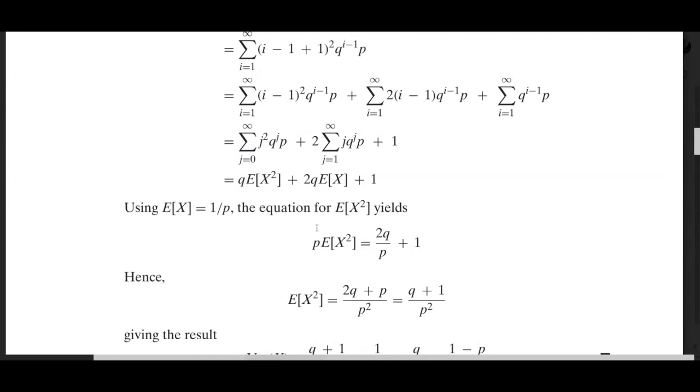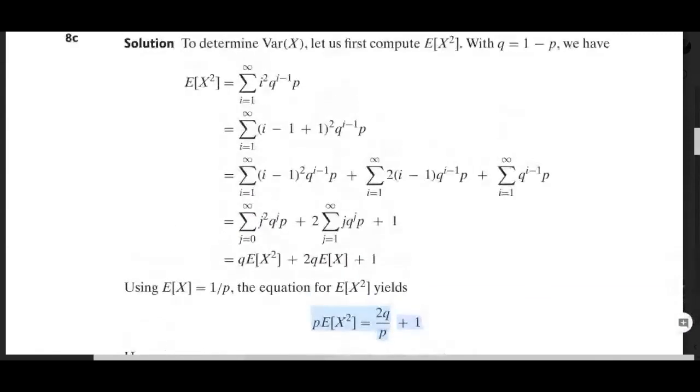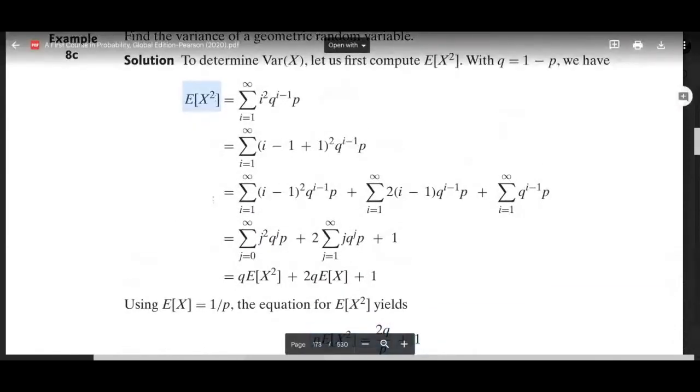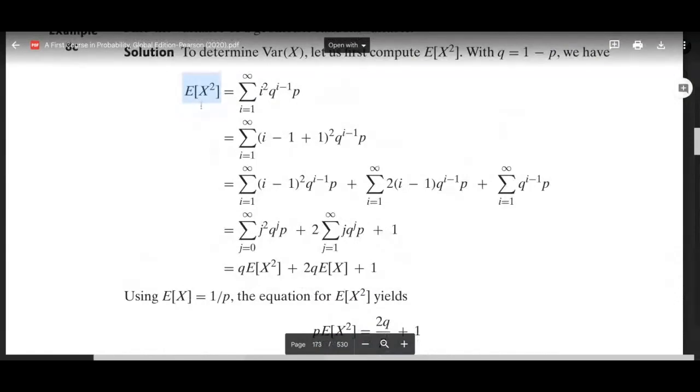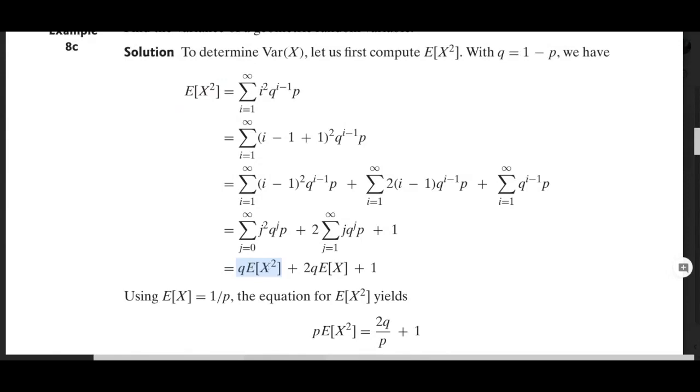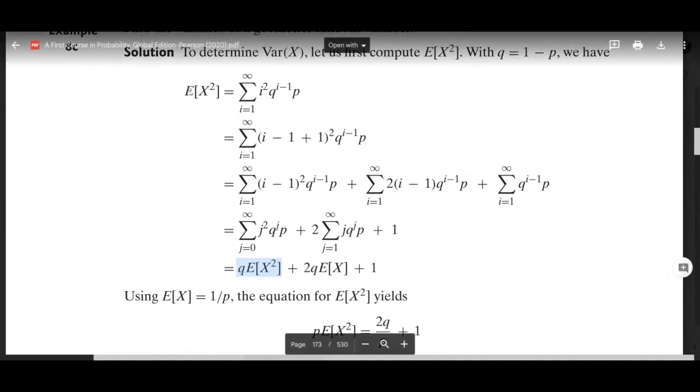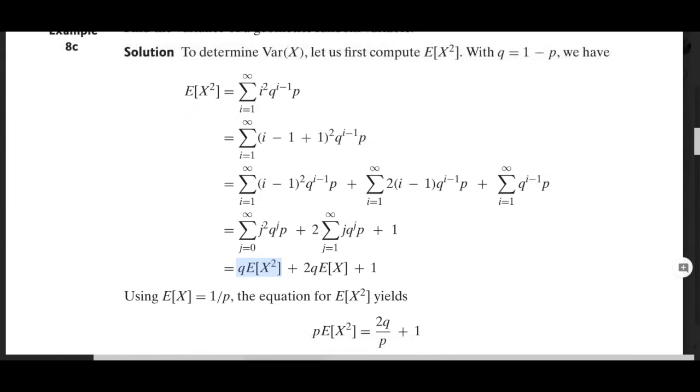No, the one with the q times expected value of x. Yeah, it applies to that, right? Okay, hold on one second. You mean how do we get from here to here? Okay, look at this. We have the expected value of the random variable squared, and we have q times the expected value of the random variable squared. We move this one to the left-hand side. Do you see? We factor out the expected value of the random variable squared, then multiply by 1 minus q.